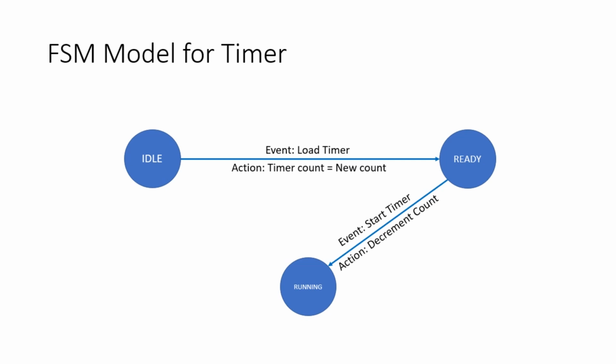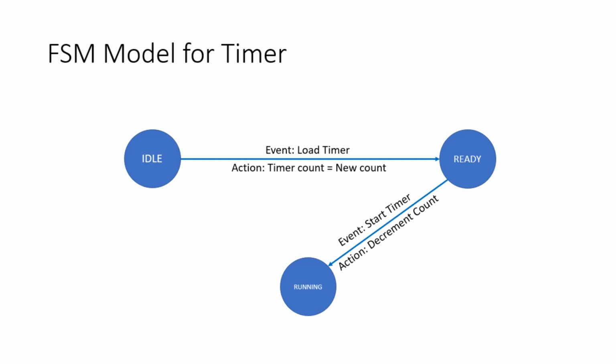Running basically means it is decrementing the count to 0. It has started from a value, and when it reaches 0, I am going to get 10 seconds of delay in the first case, or 5 seconds of delay when the alarm is on. This is true for both timers, the 10 seconds timer and the 5 seconds timer as well.